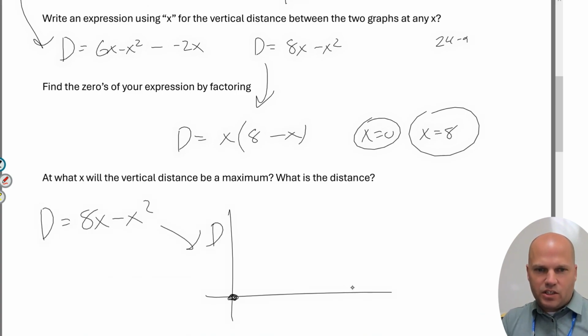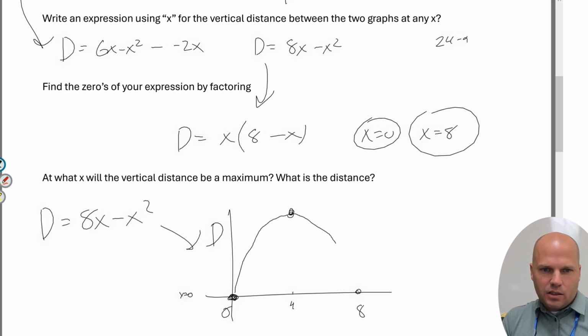I'm going to graph distance. Zeros at 0 and 8. My distance is 0 at 0 and 8, which means at 4, I must have a max distance. So my distance at 4, plugging in 4 into this, is 32 minus 16, which is 16.